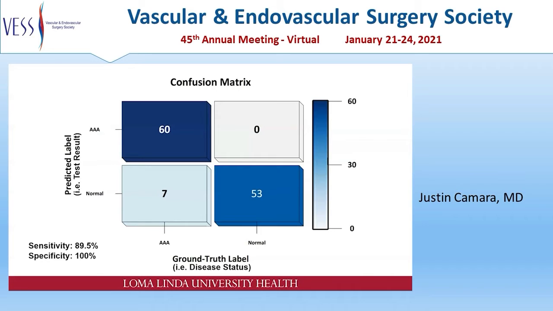And when analyzing aneurysm versus non-aneurysm, the most common errors for the model were false negatives, giving the model a very high specificity of 100% and a fairly high sensitivity of 89.5% for this particular analysis.